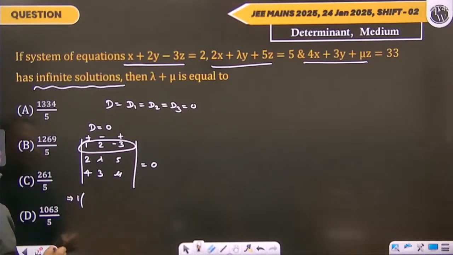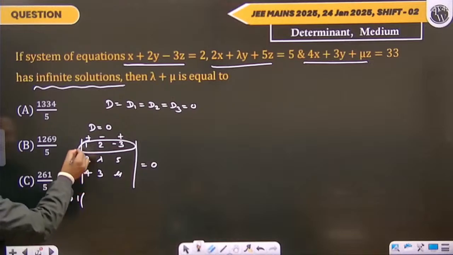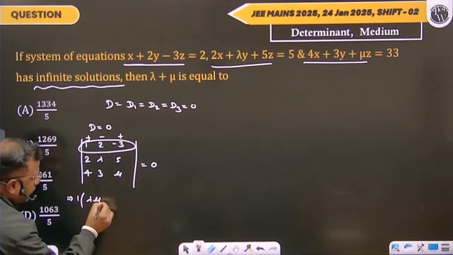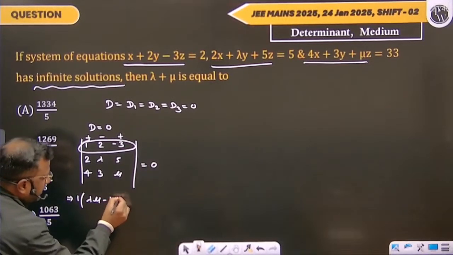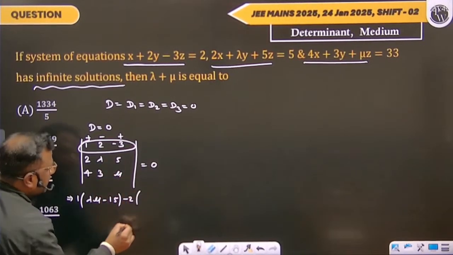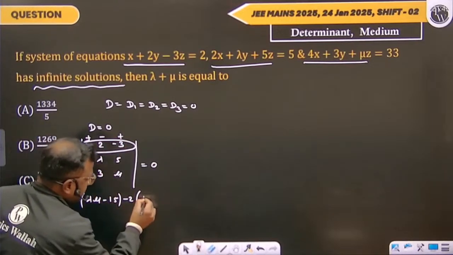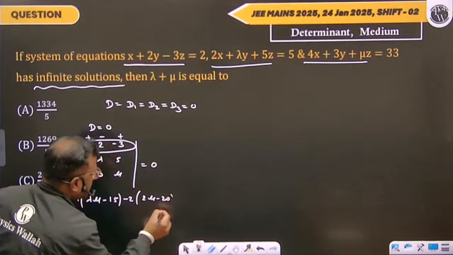Plus 1, first column first row removed: lambda mu minus 15. Minus 2, this column this row removed: 2 mu minus 20.